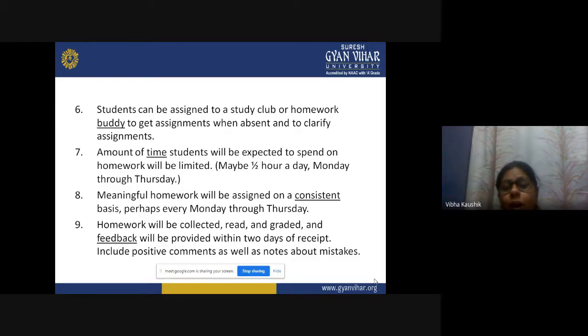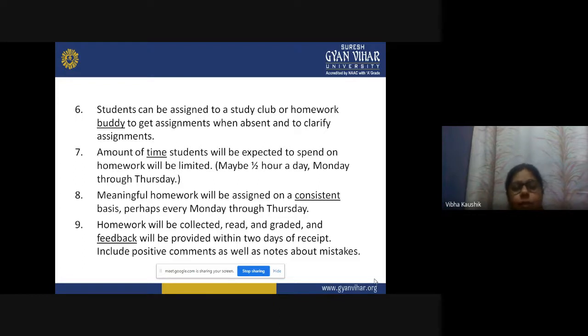In that half hour you have to finish your assignment, Monday to Thursday, and the duration is from Monday to Thursday. Meaningful homework will be assigned on a consistent basis. Means homework should have some meaning, and it should be assigned on a consistent basis, means on a regular basis, perhaps every Monday through Thursday.